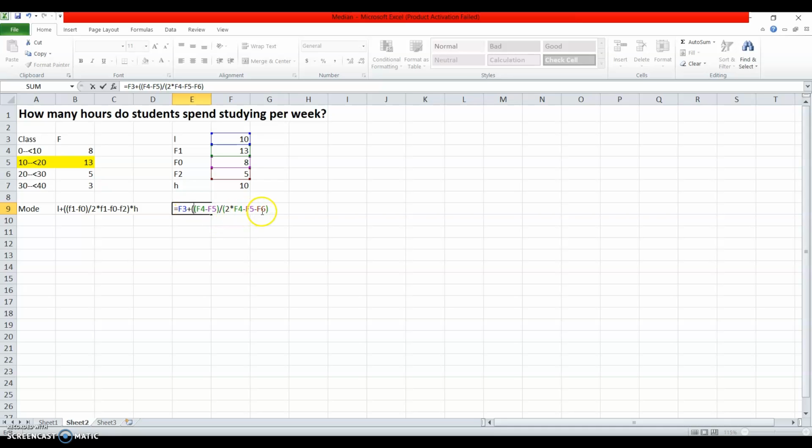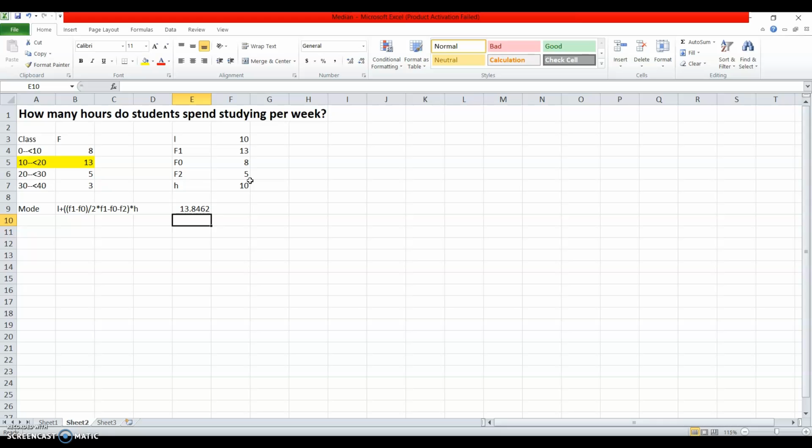we put another 2 brackets on the sides so we can include this whole fraction as one term, and we can multiply it by h. Then we hit enter, and here we have our mode value, which is 13.8462.